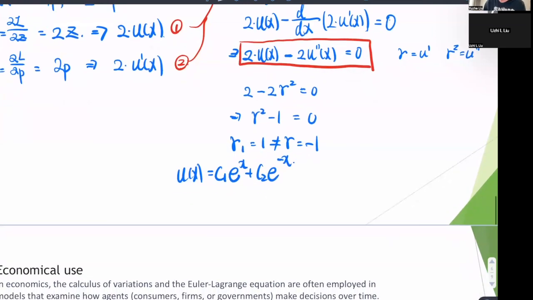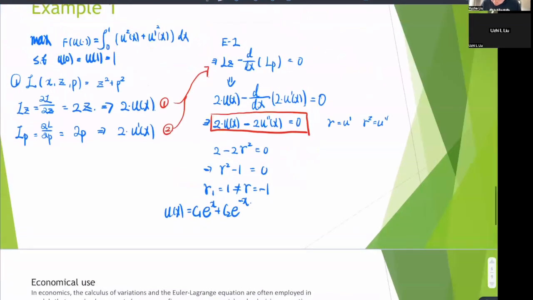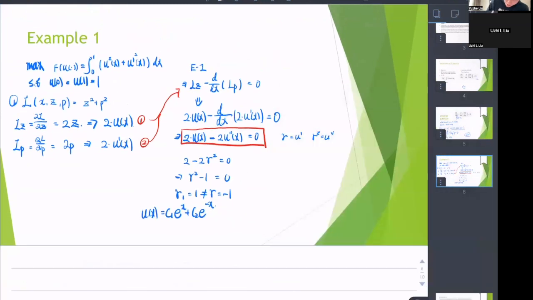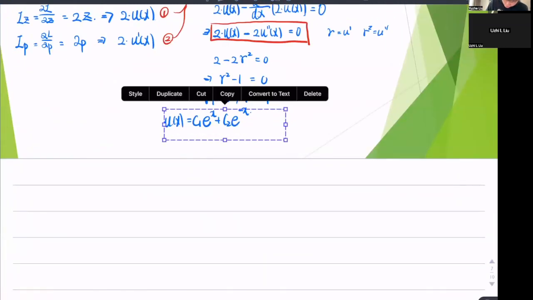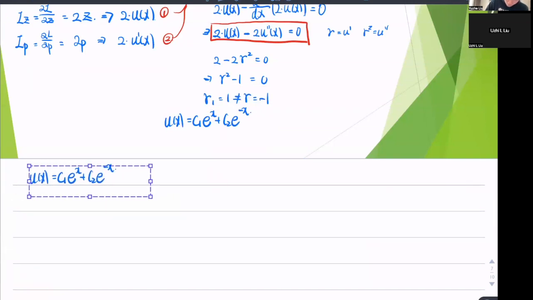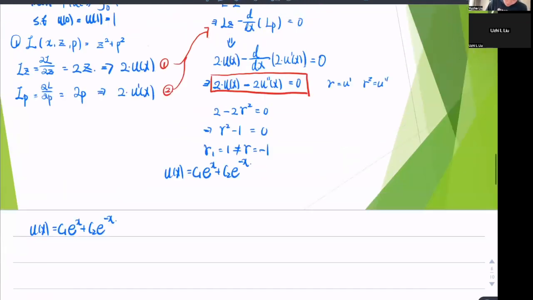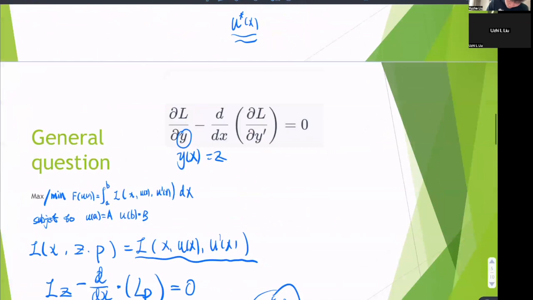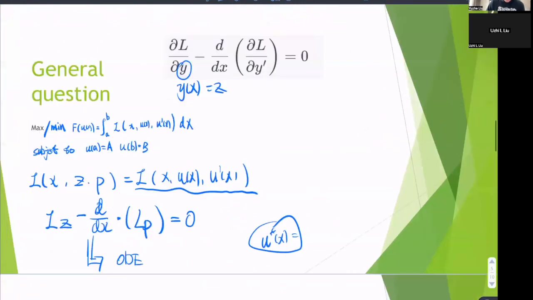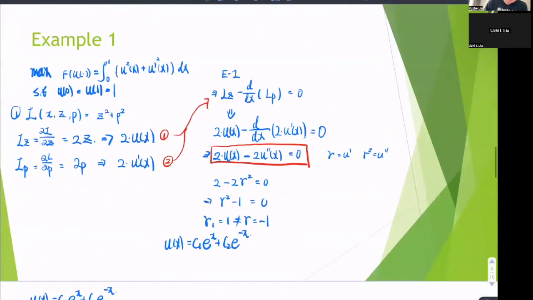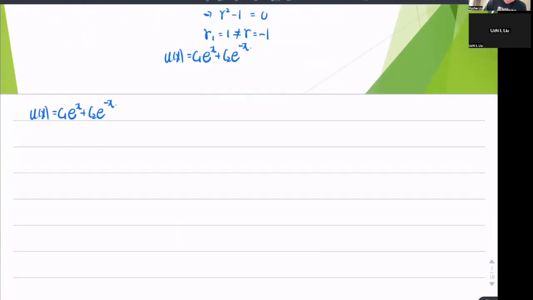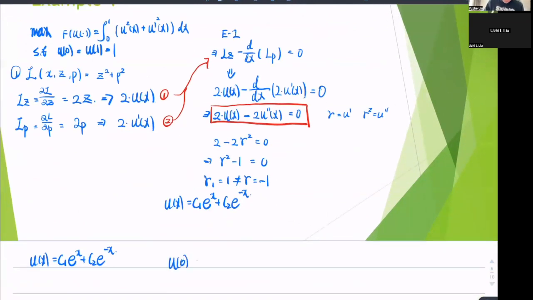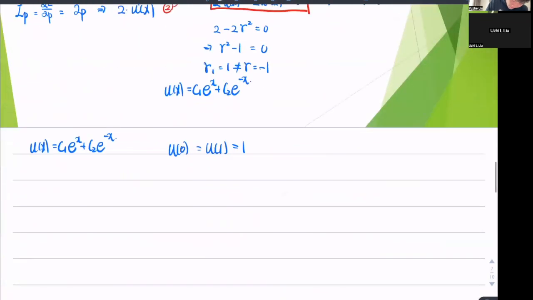And since we already have this function, we need to solve it subject to the constraints. So we will consider a system of equations.